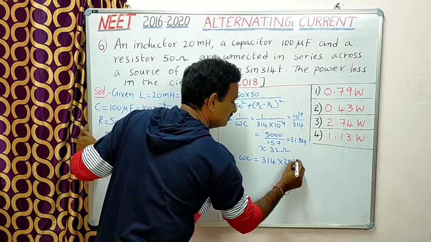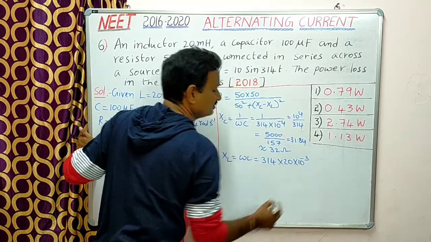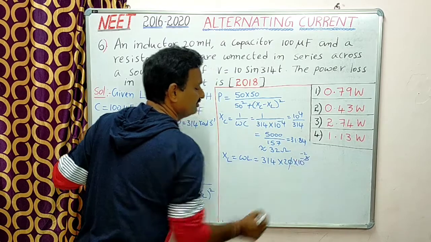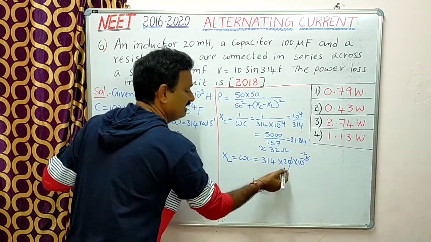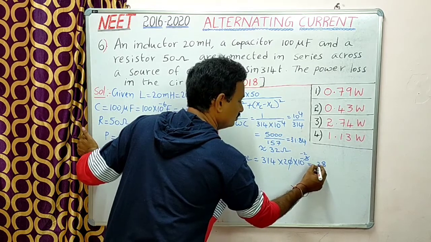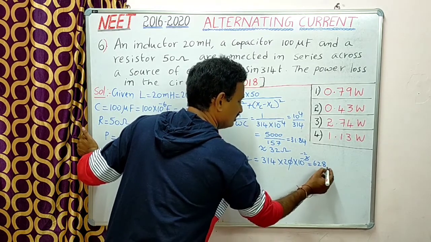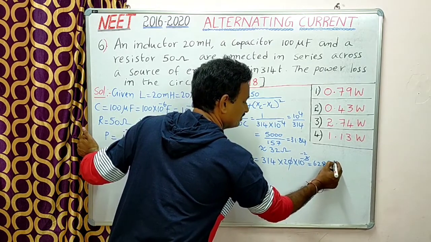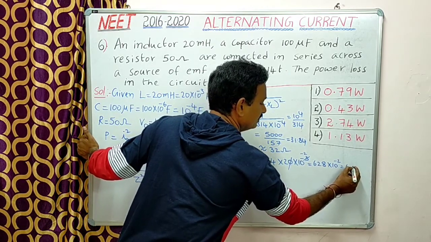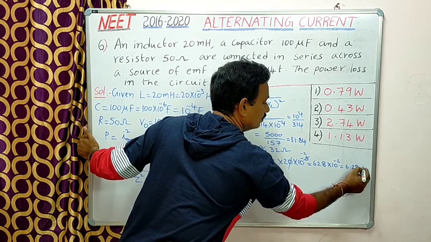Okay. See, this 0, this minus 3 cancel means here minus 2 is there. So 314 into 2 means 628 into 10 power minus 2. That I will write 6.28 ohm.